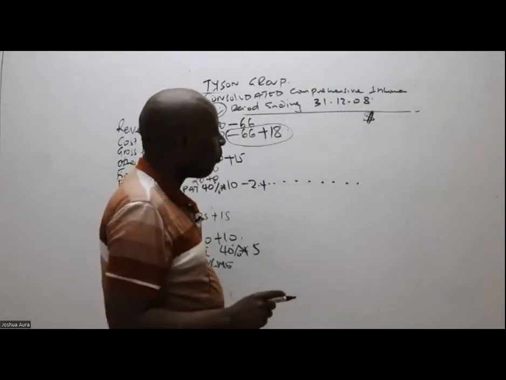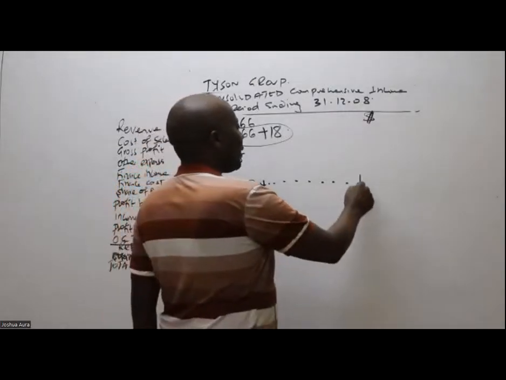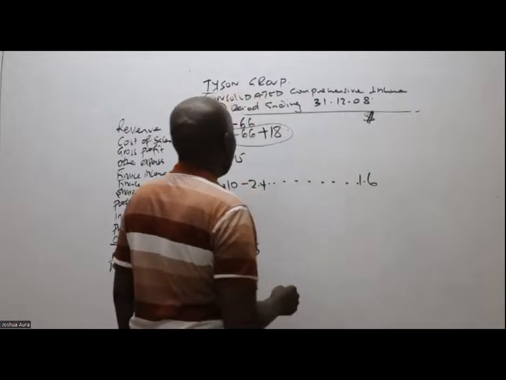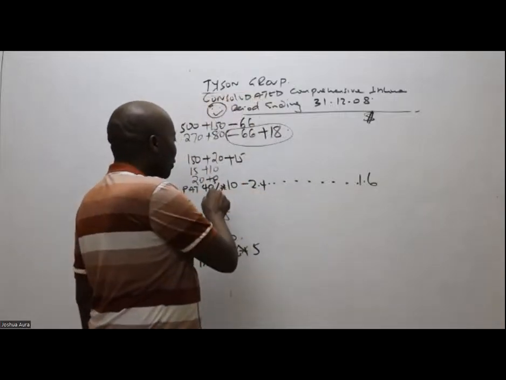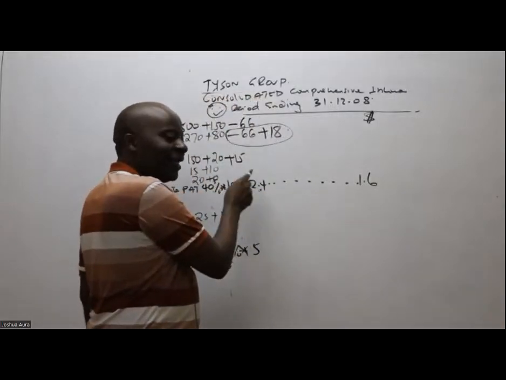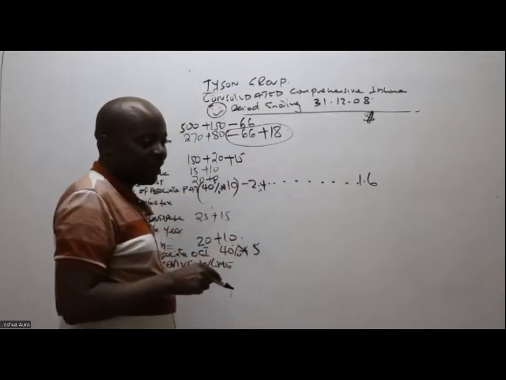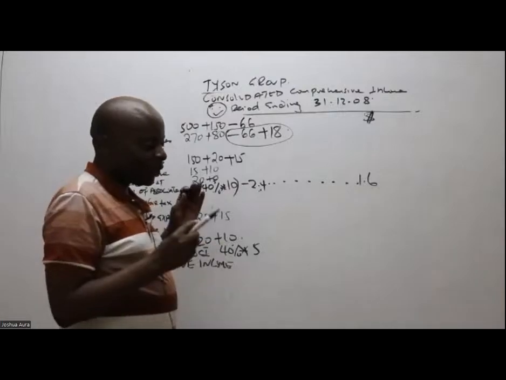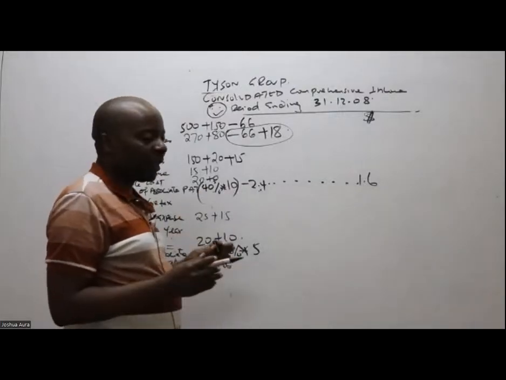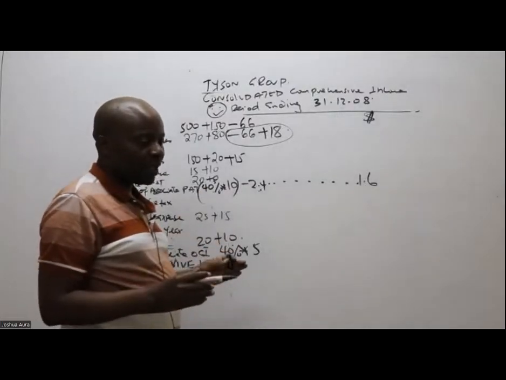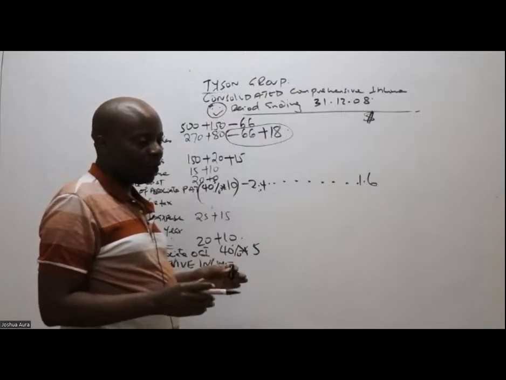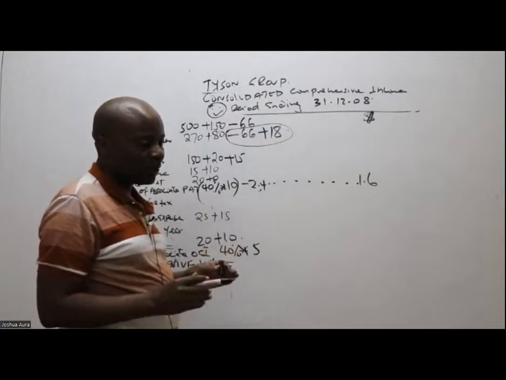I'm being told 1.6. I've always seen students making a big mistake. You always get students saying that this 40% touches this. It doesn't. 40% ends there. 40% of 10 first, whatever I get there minus 2.4, which will give me 1.6.